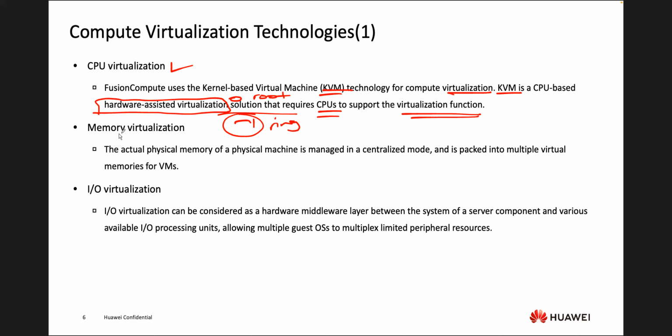Okay. So when we look at the memory virtualization again, we can see that it's the actual physical memory of that machine that's being managed by the central node, should be node, not mode really, but you could say it's mode and node. And obviously that is packed into multiple virtual memories for the VM. So that is the memory virtualization, which just works as it needs to be allocated.